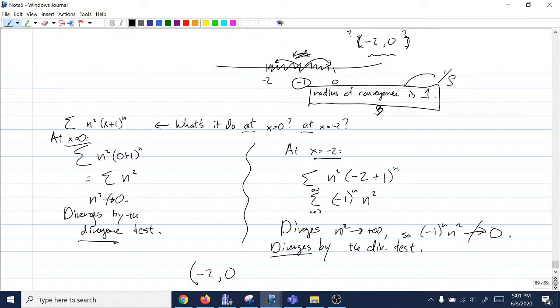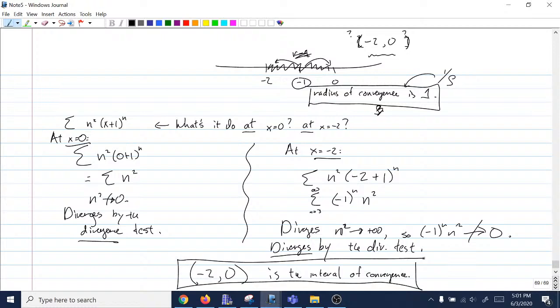At 0 it diverges. It doesn't converge at 0. 0 is not in the interval of convergence. Cool.